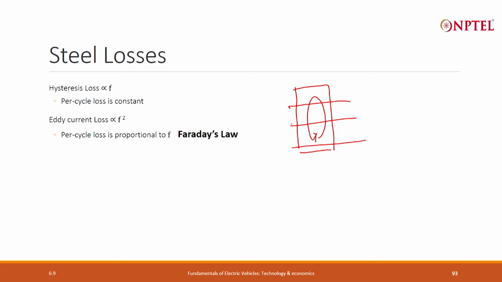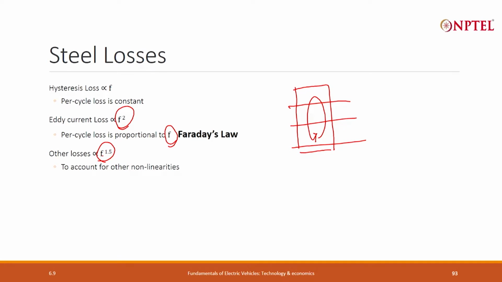So, the per cycle loss itself is proportional to the frequency, and the total loss is frequency times the per cycle loss, therefore, it is proportional to f squared. And then there are other non-linearities in the behavior of the material. They can all be lumped together and added up as another term, which is somewhere between frequency to the power of 1 and frequency to the power of 2.